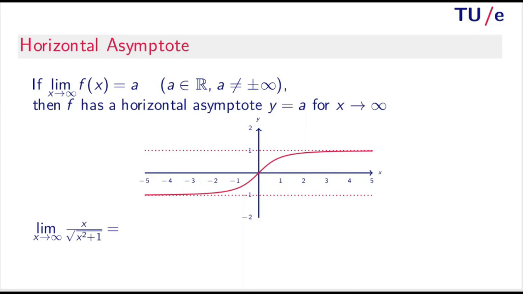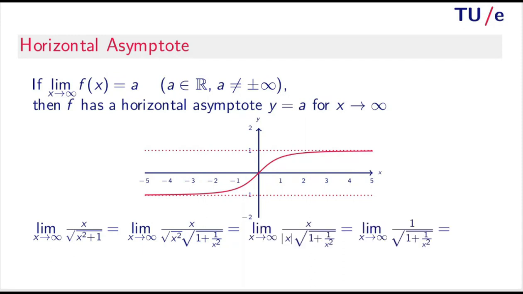This function is the function f of x, where f of x equals x divided by the square root of x squared plus 1. And indeed, if we take the limit for x going to infinity, we can rewrite this as the limit for x going to infinity of x divided by the square root of x squared times the square root of 1 plus 1 over x squared. And we divide by this factor x in the denominator, the square root of x squared.